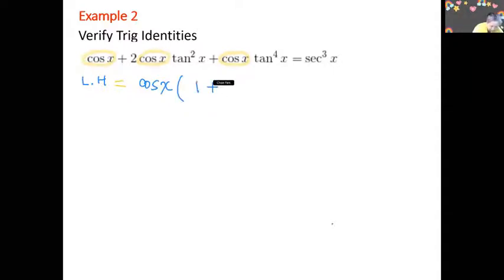I factored cosine x out of cosine x, and there's 1. Then I'm factoring cosine x out of 2 cosine x tangent square of x, and it's going to be 2 tangent square of x. Then the third term, if you factor cosine out, there's tangent to the power of 4 x, right?